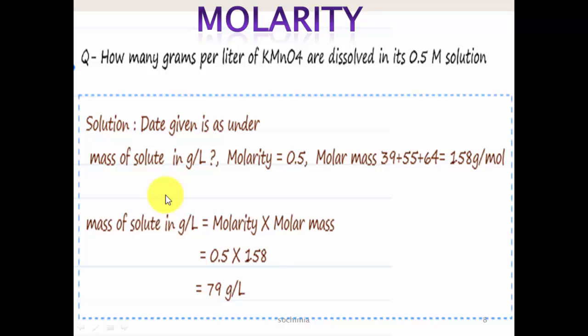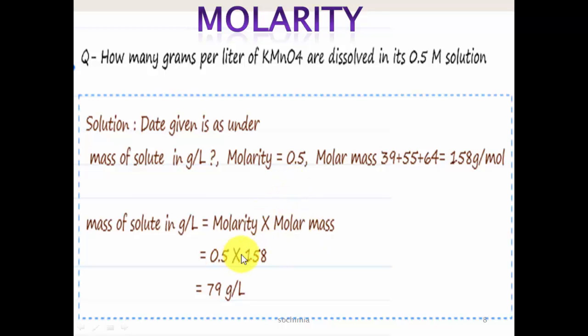So we have a formula here that molarity equals mass of solute divided by molar mass. We have just rearranged that first equation, which we have seen in one of the previous slides. So the mass of solute in grams per liter is equal to molarity into the molar mass of the compound.